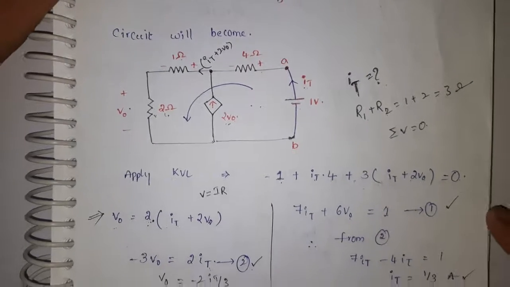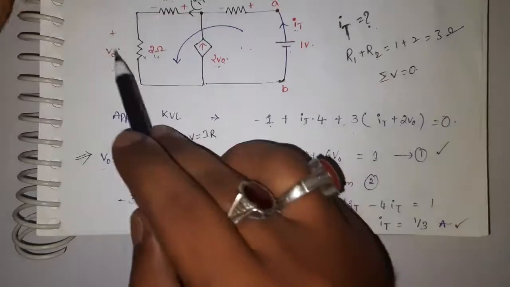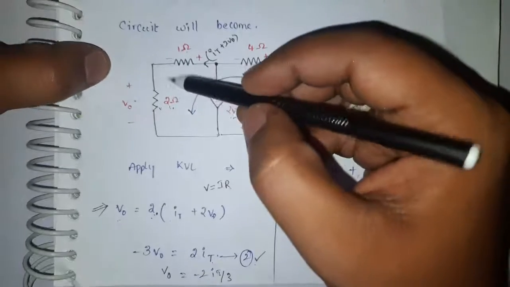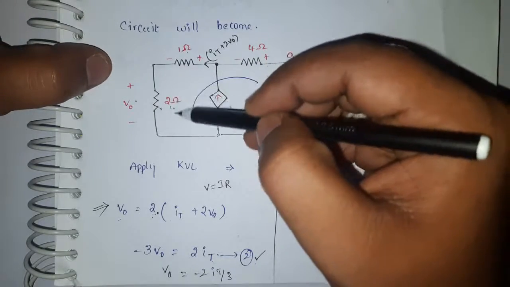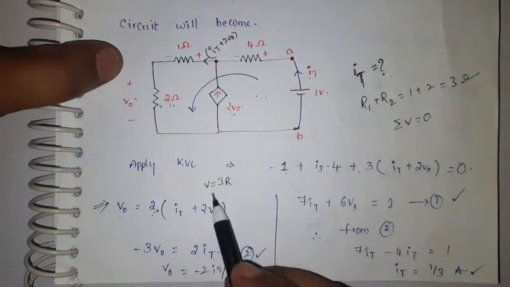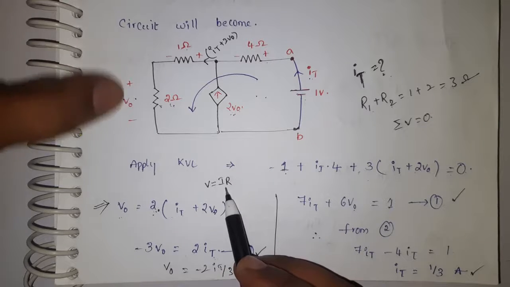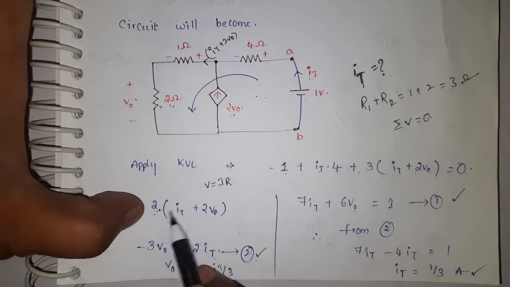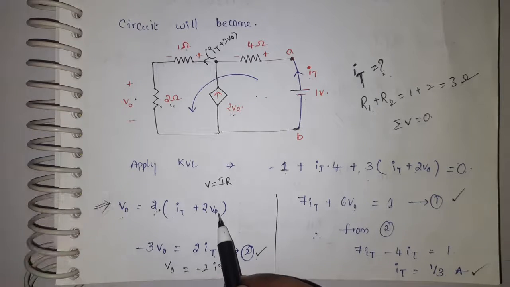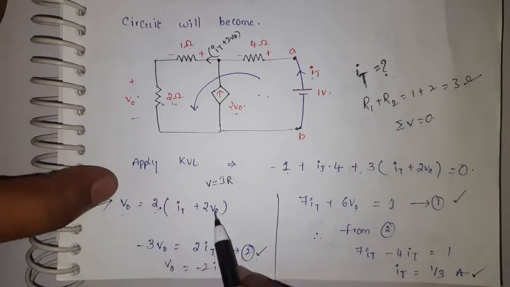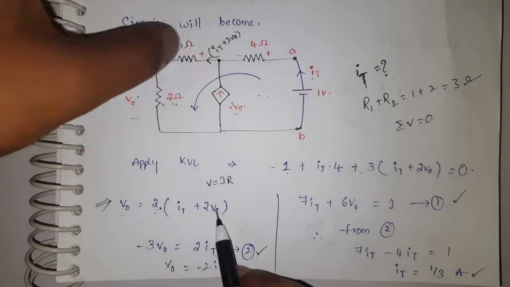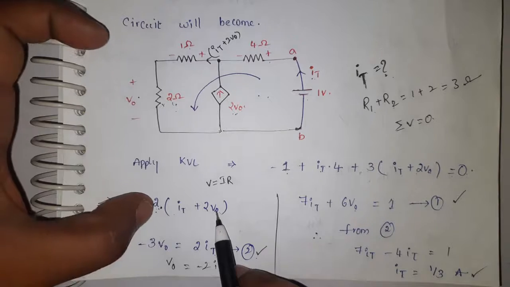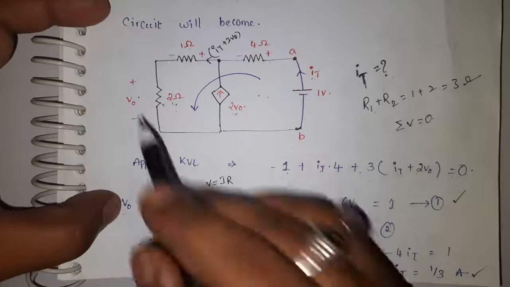Okay, so what is V0? V0 is the voltage drop across this 2 ohm resistor. We are going to apply the simple formula V equal to IR. So V0 equal to 2 into IT plus 2V0. The current IT plus 2V0 is the branch current in this particular branch, and multiplied by the 2 ohm resistor it gives the voltage drop V0.